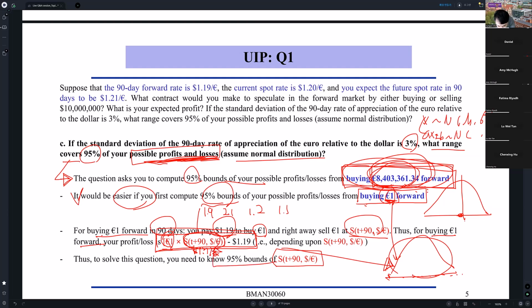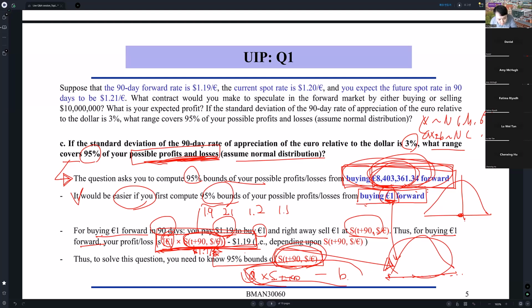And you have to realize that this one is just some number a times this guy, minus some number, right? So if you get 95% of this one, you can easily get 95% of this one because this is a normal distribution. The mean of this one is just a times the mean of this one, and the variance of this one is just a squared times the variance of this one.